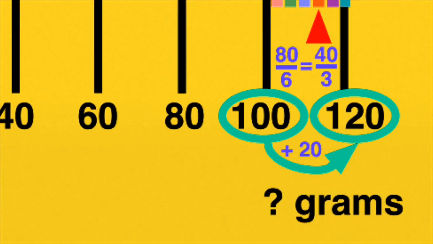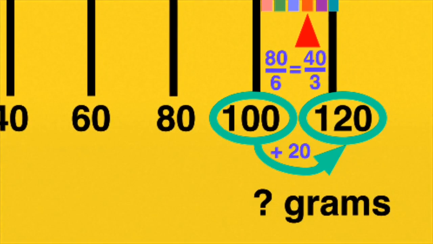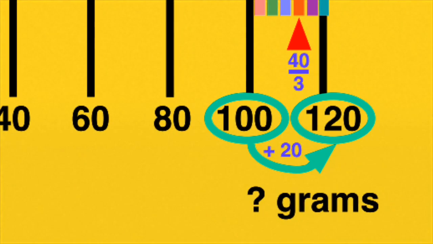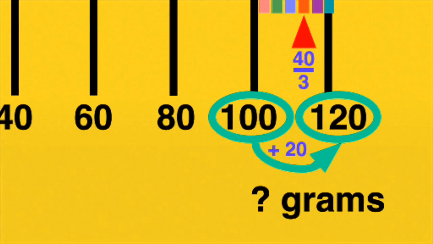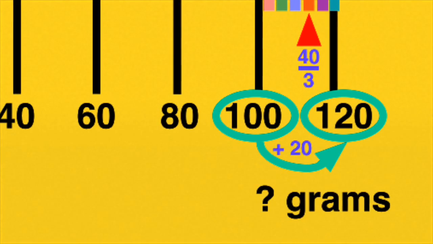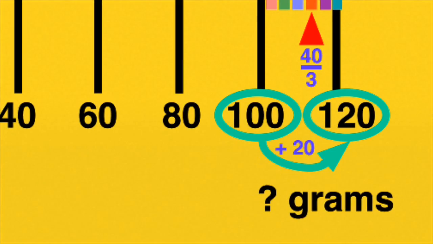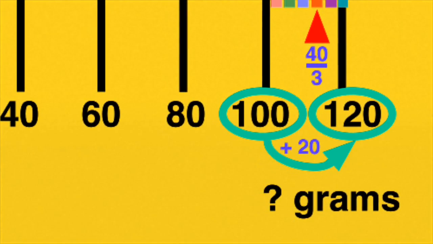So 80 divided by 2 would be 40, 6 divided by 2 would be 3, and now I have 40 thirds, and yeah, I can't simplify that anymore. So 40 thirds, you know what, that doesn't sound very helpful at all. What I want to do is know how many wholes are in 40 thirds, so I'm going to divide the top by 3 to find out how many sets of 3 are inside of 40.